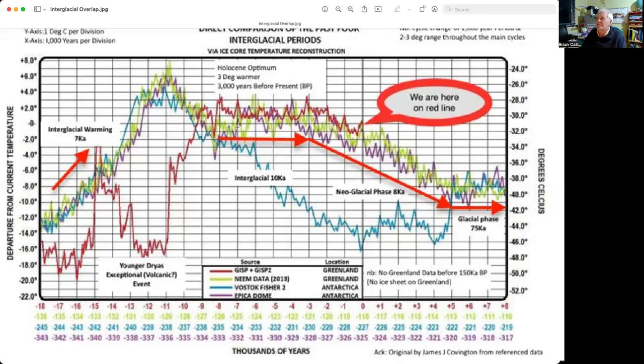And it doesn't look as though the 420 parts per million we've got at the moment, where we are here on the red line, has any effect. I mean, it does, it's small, but it's not the dominant control of climate. I hope that's clear.